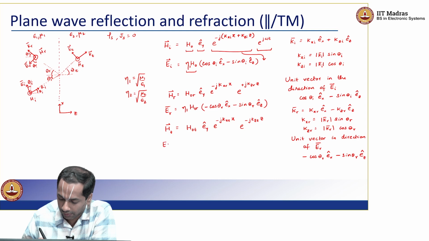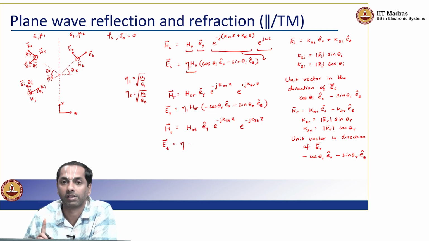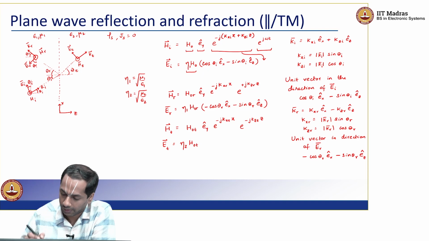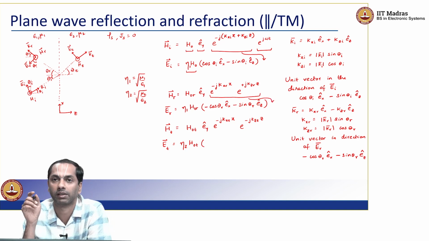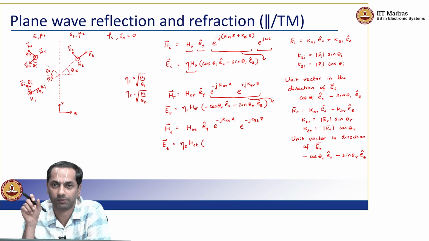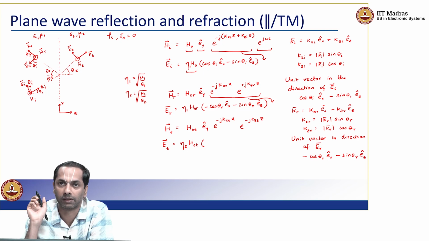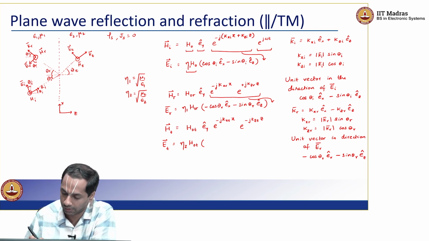So, what can we write for ET? This time the wave impedance has changed, so keep that in mind. So, eta 2 H0T, and the orientation. Don't forget that there is the spatial dependence that comes here. For lack of space, I am only looking at the orientation, but remember that the spatial dependence is there in both the electric and magnetic field vectors, so don't forget to include that.